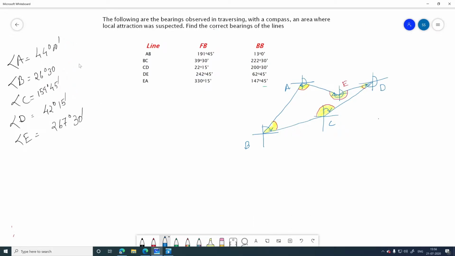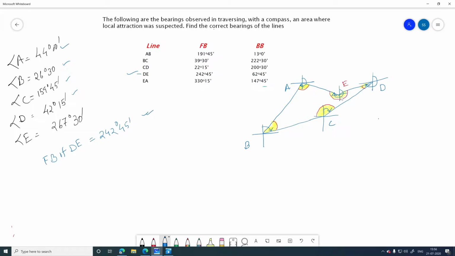In the previous class we determined the interior angles. These are the values of the interior angles, right? Now we will correct the bearings. How? Look, as this line DE is free from local attraction, the forebearing of DE is correct. So the forebearing of DE is 242 degree 45 minutes, it is correct.